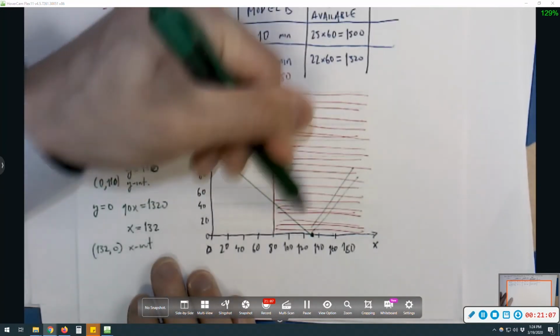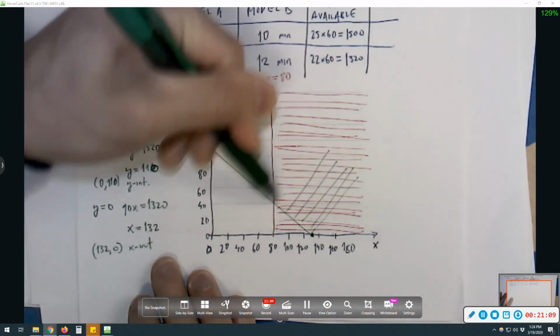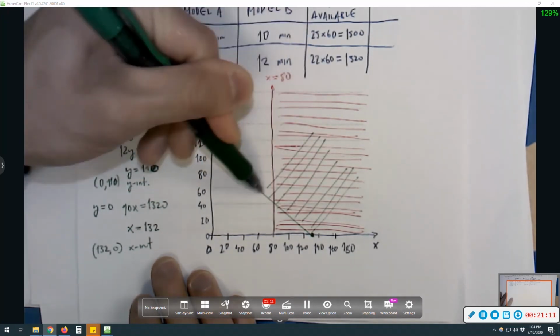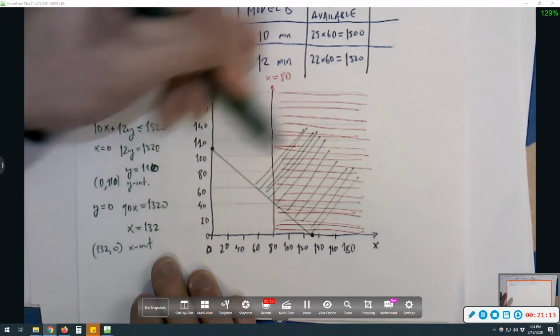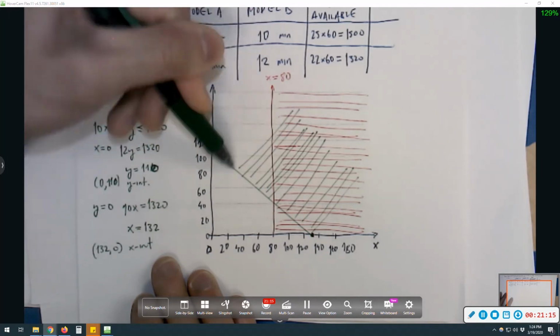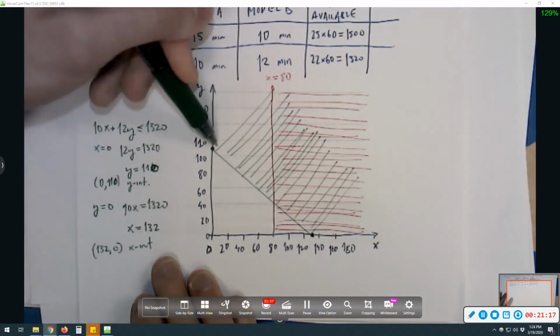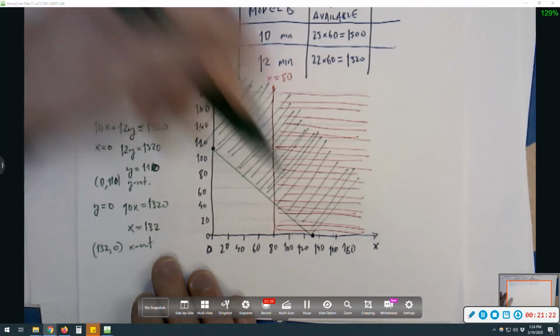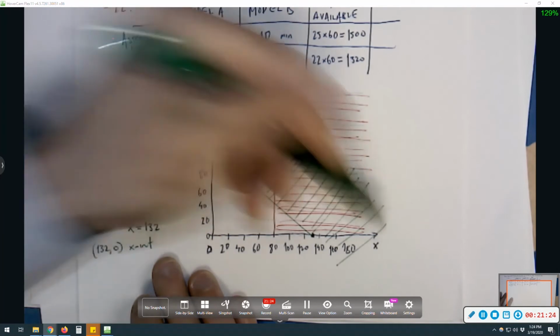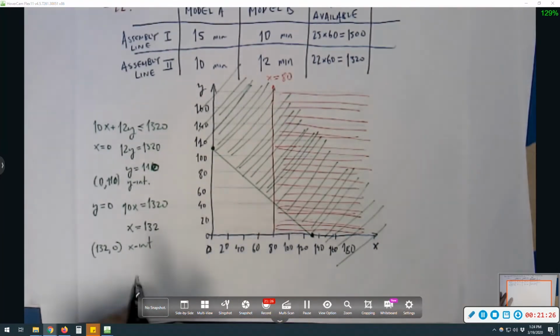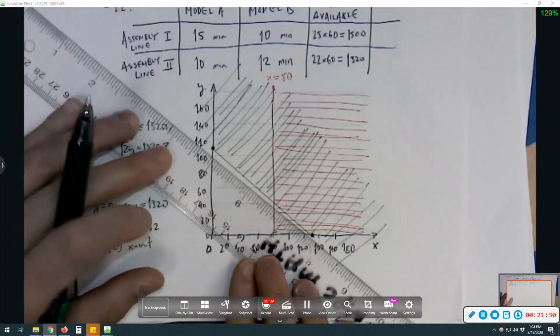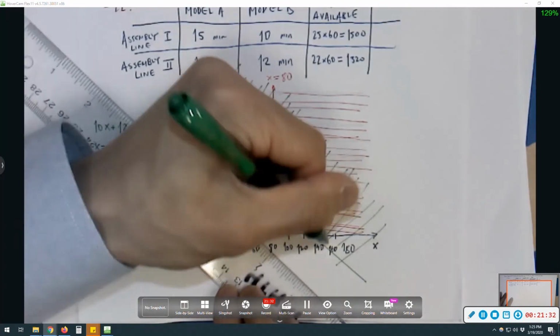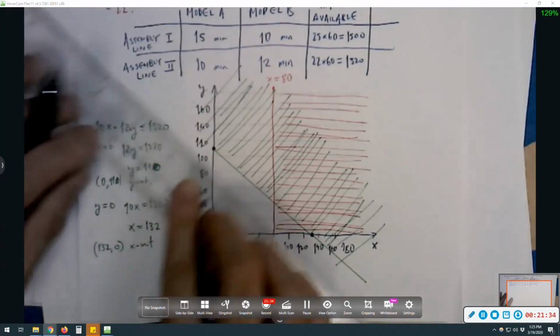Again, if you don't have colors, just do these perpendicular motions so you get the cross hatching and it's easier to see. Remember, our convention is to cross out the side that's not part of the solution. So this above part is not part of the solution. The line can be drawn longer if you want to.